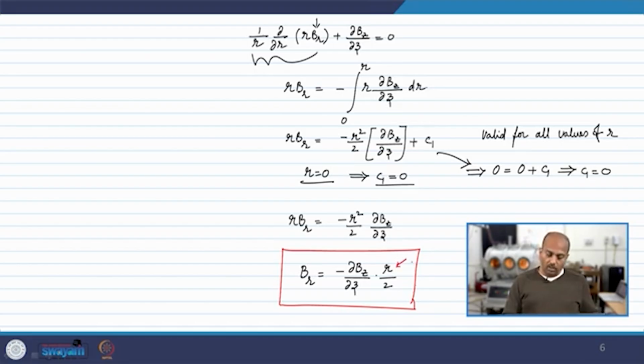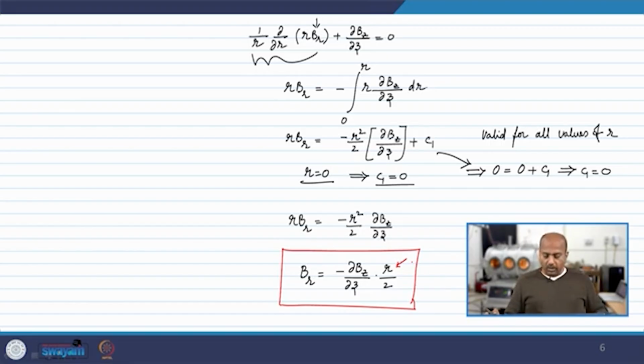You see, the larger the r, the larger will be the magnitude of B, but of course there is a minus. So, these two things will not increase in the same direction, rather they are correlated in opposite directions. Right. So, this is the beauty of the geometry, that it spoke for itself in terms of this simple mathematics.